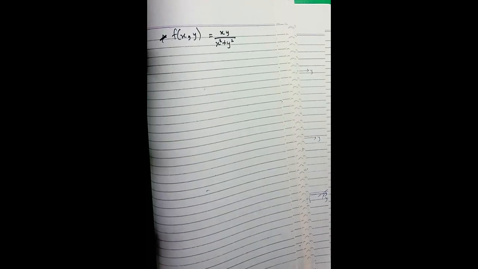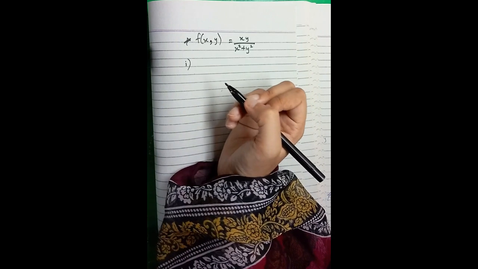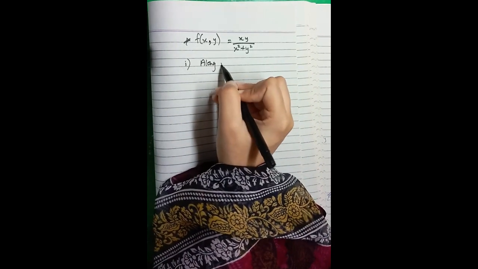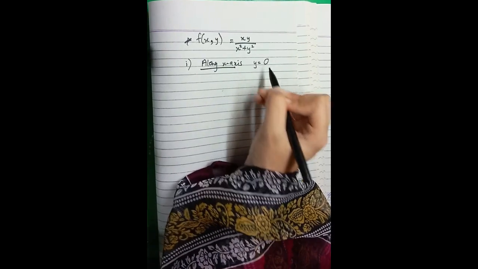Now this is one more example. In this we will see whether our limit exists or not. For this, we will solve it the same way we solved example 1. Starting from our first point, that is along the x-axis, what is our condition? That y is equal to 0.